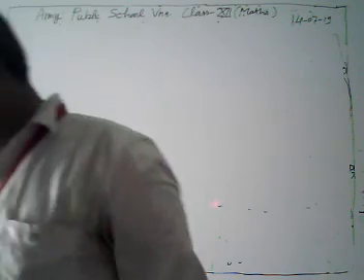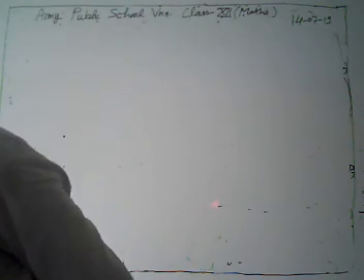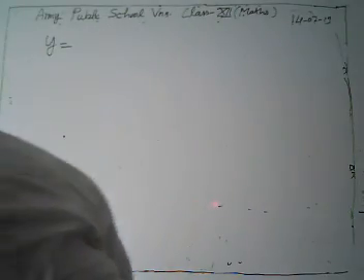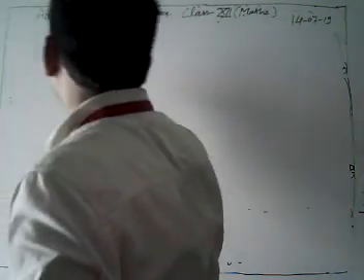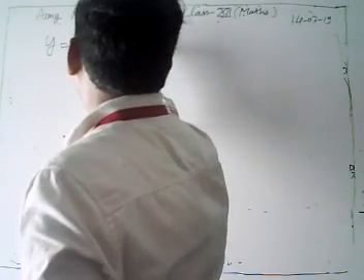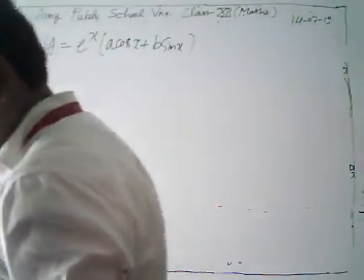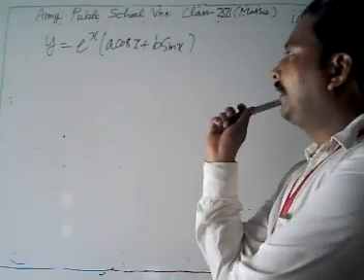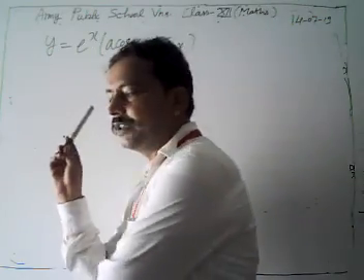What is our family of curves? y is equal to e to power x (a cos x plus b sin x). We have to form the differential equation representing the curve y equals e^x (a cos x plus b sin x).